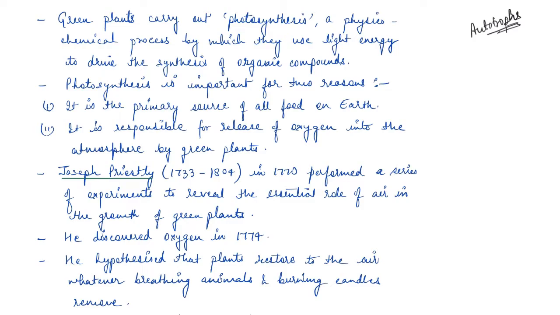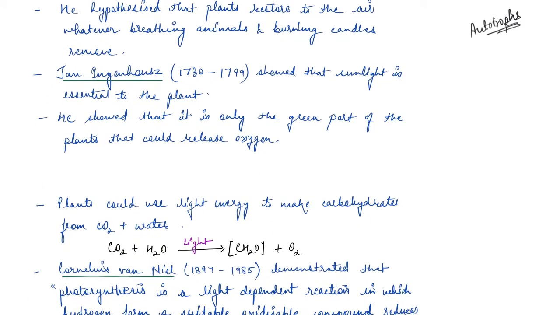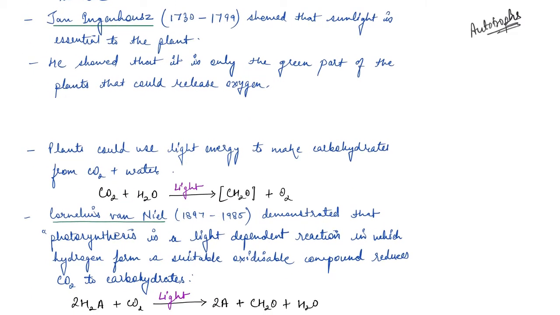Okay, and then later on there were more experiments, like in 1854. Remember guys, in 1854, there was another scientist, Julius von Sachs. Julius von Sachs provided evidence that glucose is produced when the plants grow.